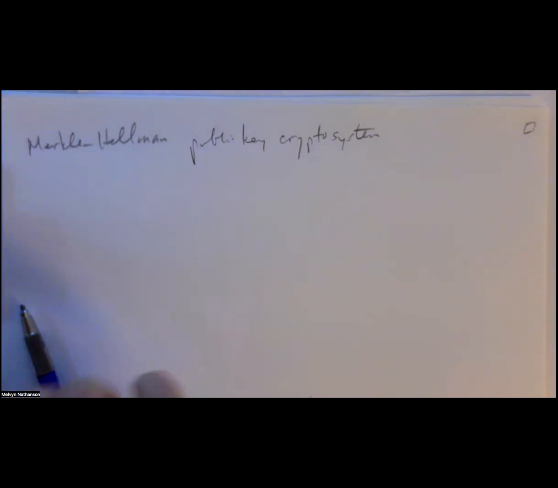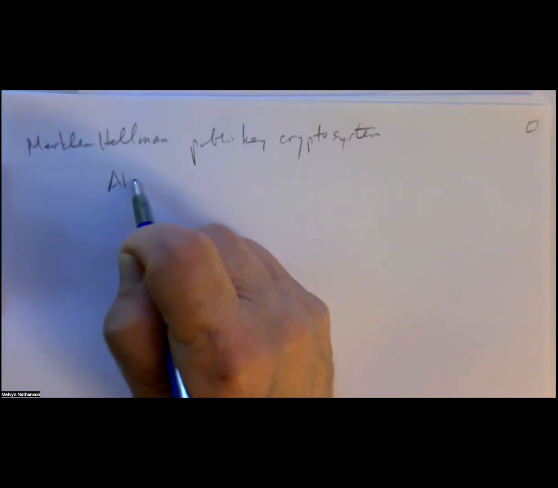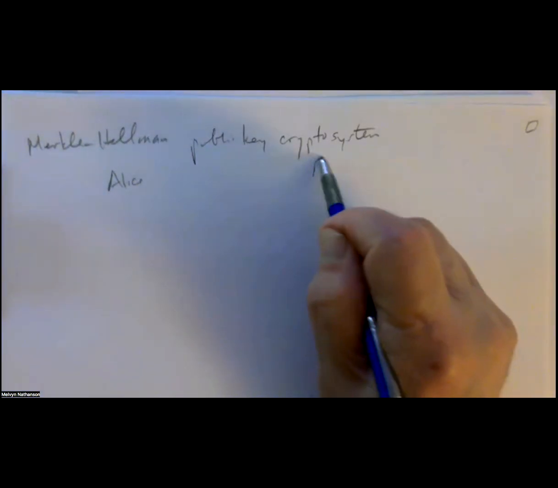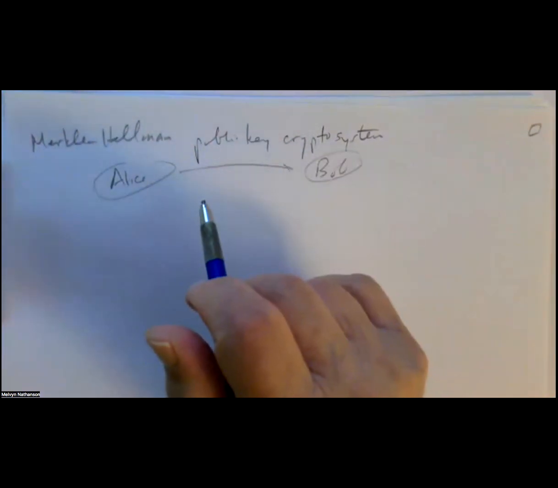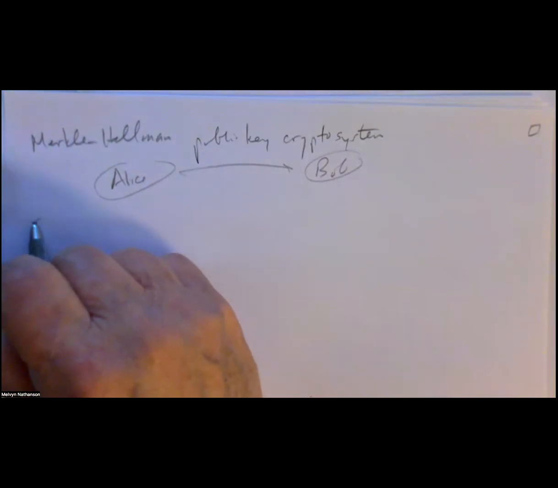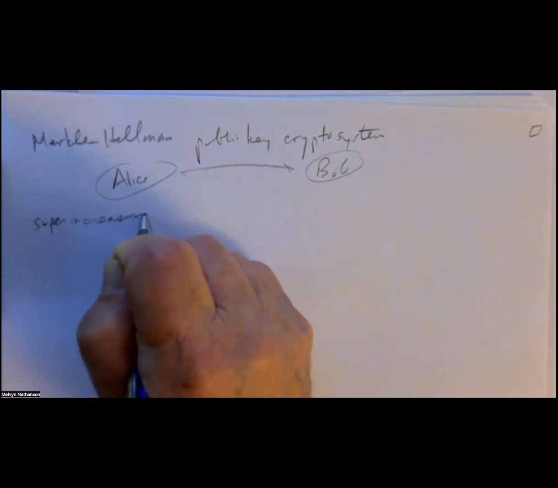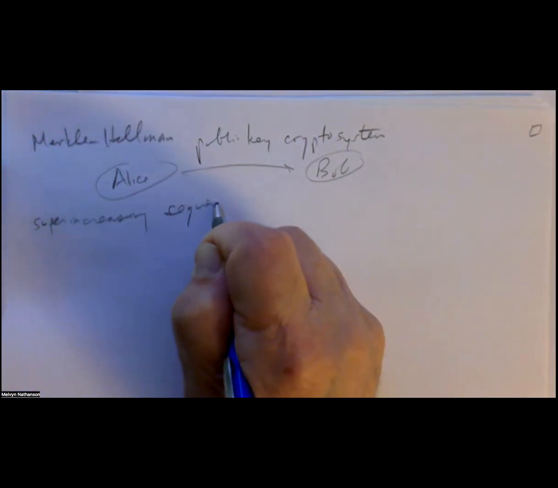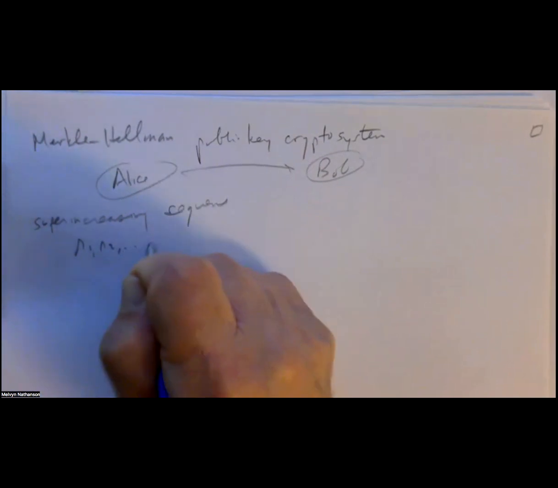And it goes like this. So again, Alice wants to be able to send a message to Bob. So what does Alice do? She chooses a super increasing sequence R1, R2, up to R sub n.